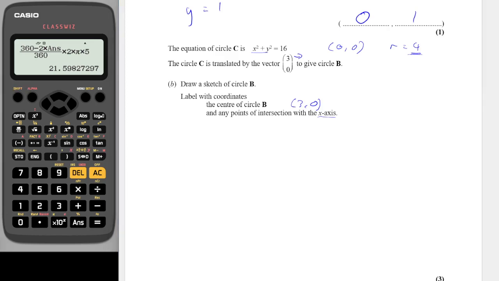And actually intersection on the x-axis is fairly straightforward because we've got a radius of 4, so it's going to cross at -1, 0 and 7, 0.